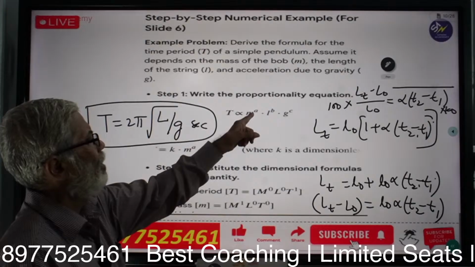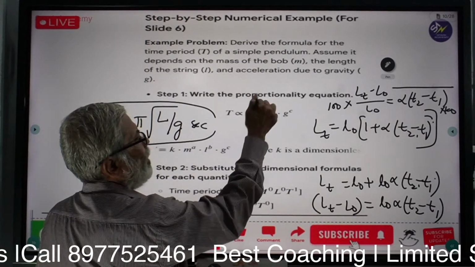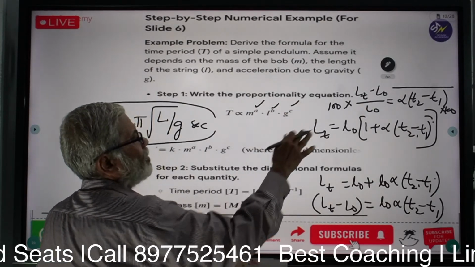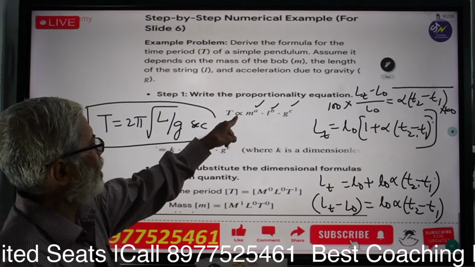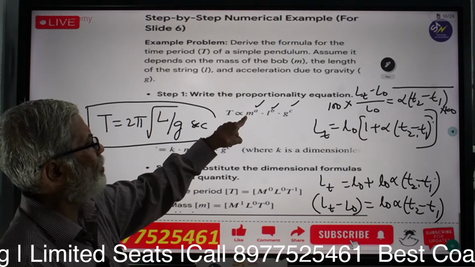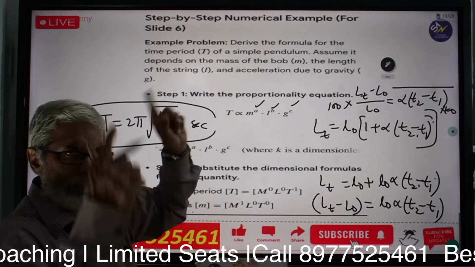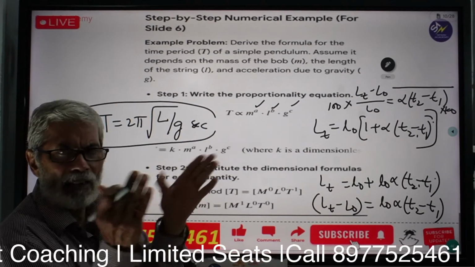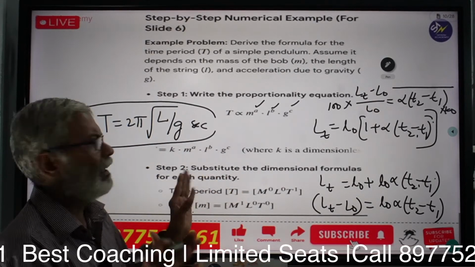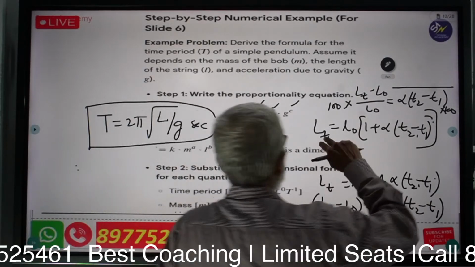So initially, let it be mass raised to the power A, length raised to the power B, and g raised to the power C. Then you write proportional, remove this, put one K, and then you write the dimensions for M, L, g. g is acceleration, L T minus 2, and that power you multiply and you collect the powers. When the bases are equal, powers can be added. Both sides you equate and get the values of A, B and C, substitute, we will get this formula. That is what is being done.